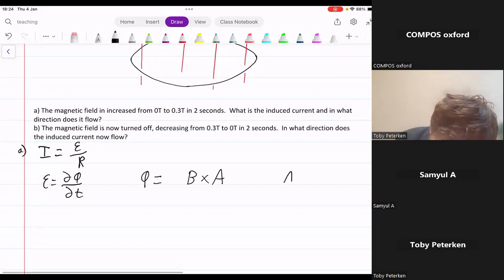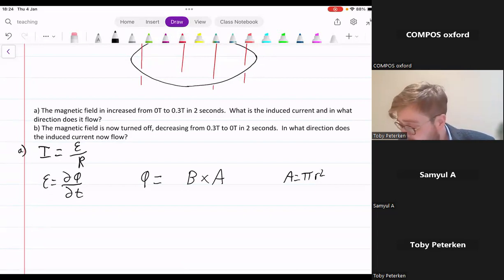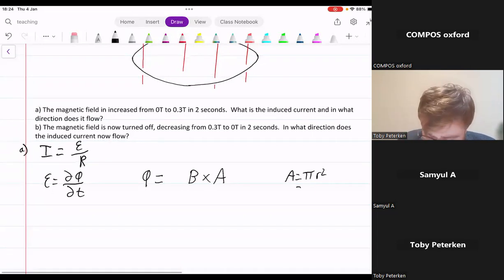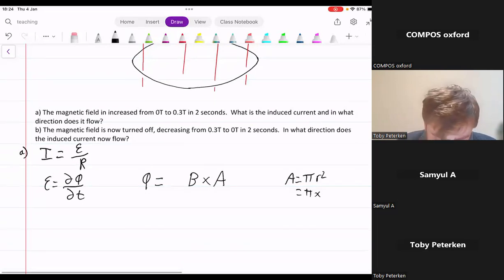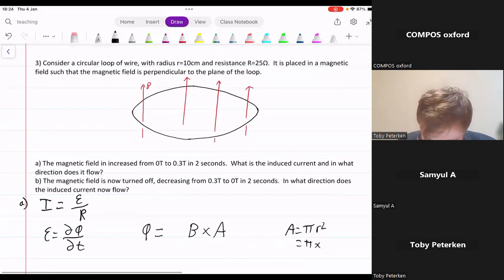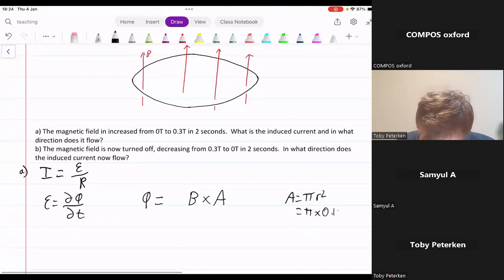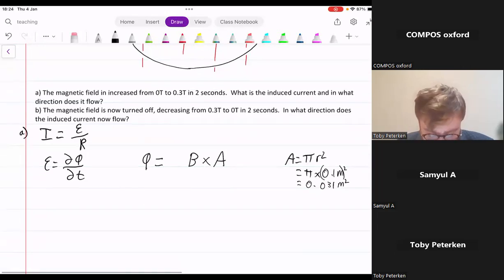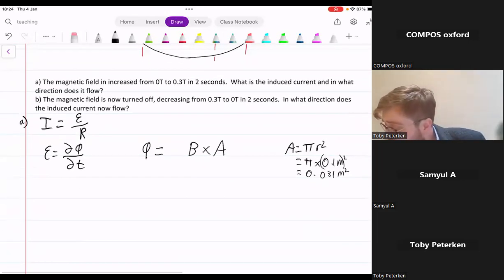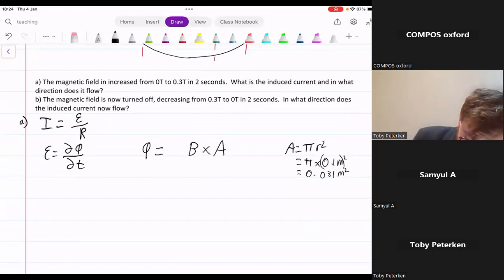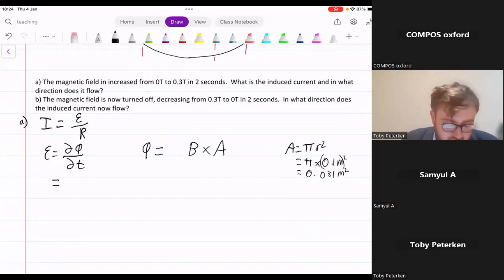Okay, area equals pi r squared. It's just a circle. It's equal to pi times 10 centimeters, which is 0.1 meter, squared, which is equal to 0.031 meters squared. Now, okay, so let's work all this out.